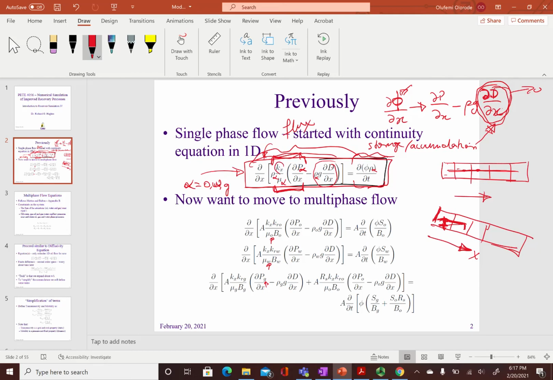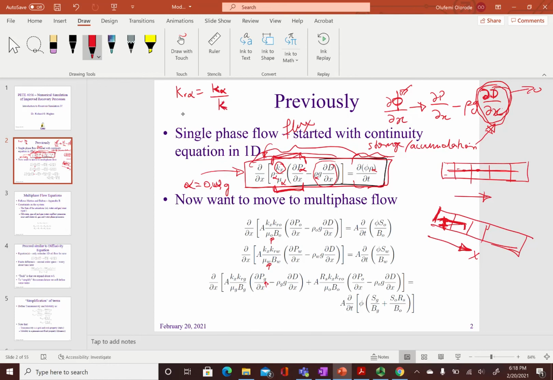What do you do to permeability when you have multiple fluids? We talked about that before. So now you will have the measure of the ease of flow of a phase in the rock in the presence of other phases, and that introduces the concept of what? Relative permeability. Because relative permeability, to say phase alpha, is permeability of phase alpha divided by the absolute permeability.